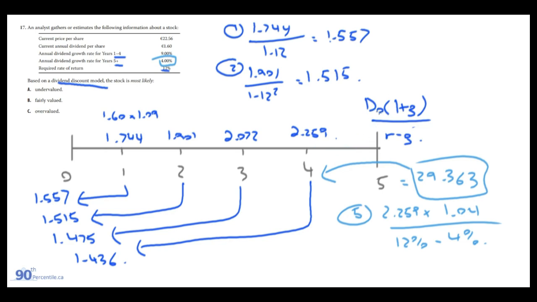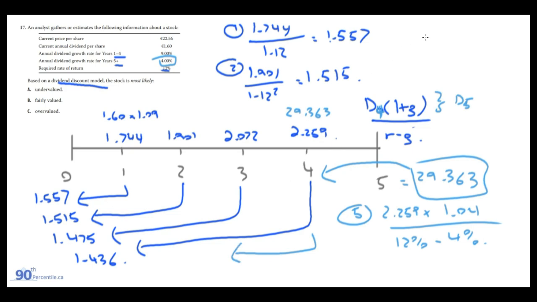So I guess we have the D0 here, but this would actually be D4 in this case, times 1 plus g, which is effectively the dividend in year 5, right? And then you run this formula and it discounts it back to year 4. So to finish off this valuation, we actually have to discount this 29.363 terminal value back to today.